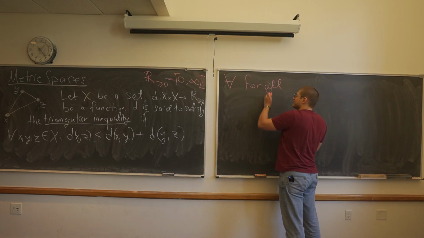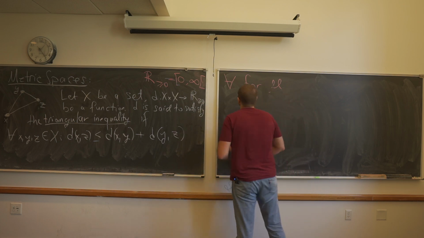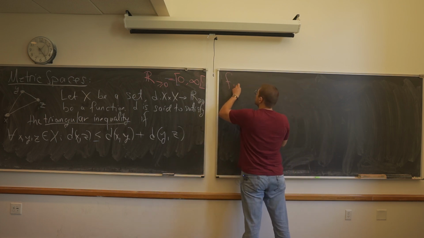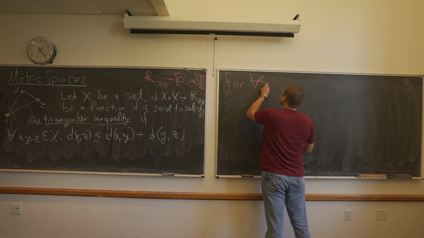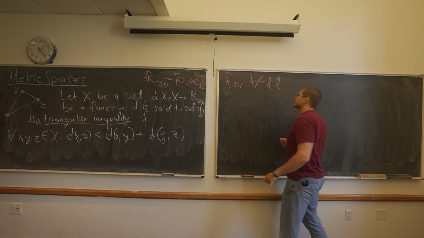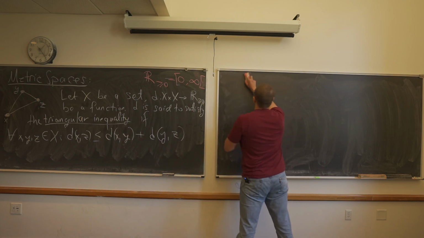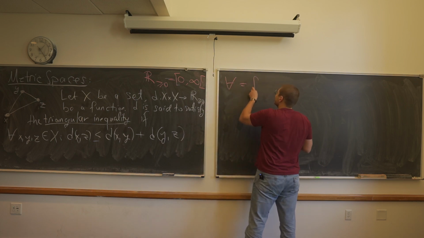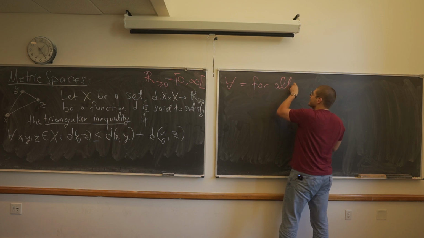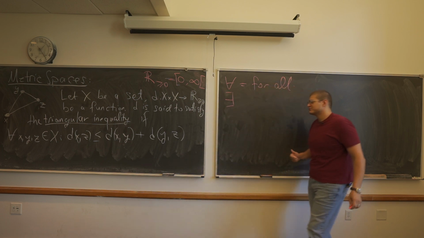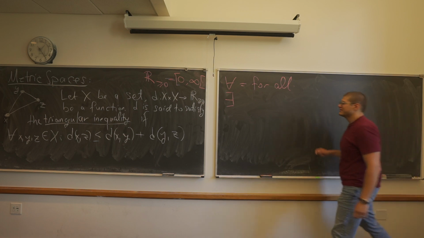That's the A. Maybe I should write it like that. It's not clear. Let me just write it like that. There's another one, the other way around, E. That's where there exists.